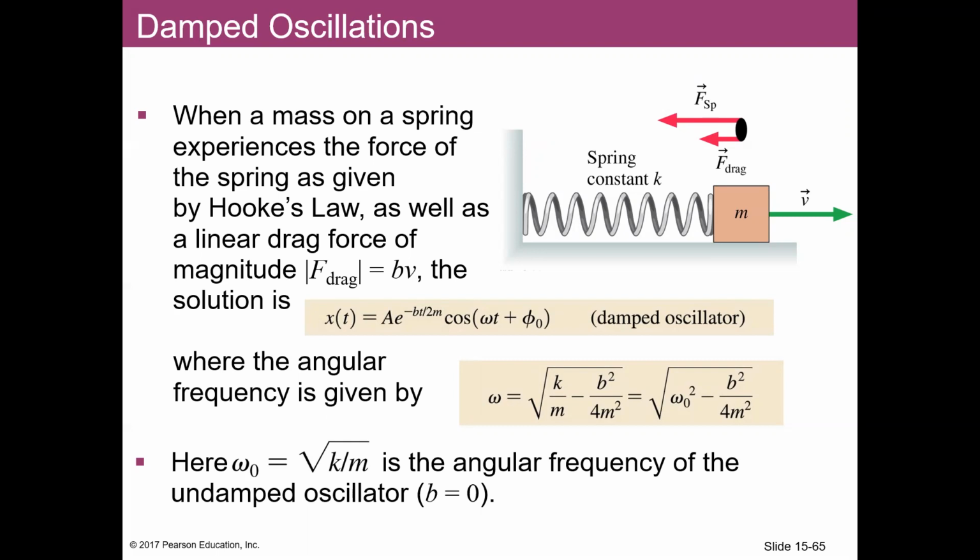Some end of chapter problems in chapter 6 handle this linear drag model, which is actually very appropriate for very small objects that move in the air, like dust particles or even bugs, or on the other side, even small viruses and small molecules, relatively bigger than the air and nitrogen molecules. So it's a good model to describe an object moving in air. It's a great model to describe how this macroscopic system runs down.